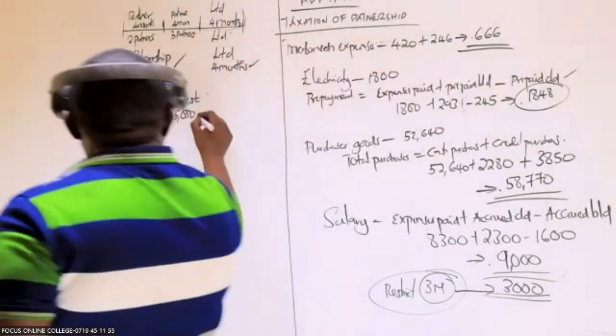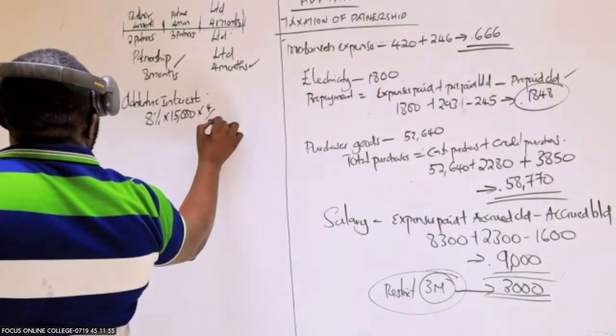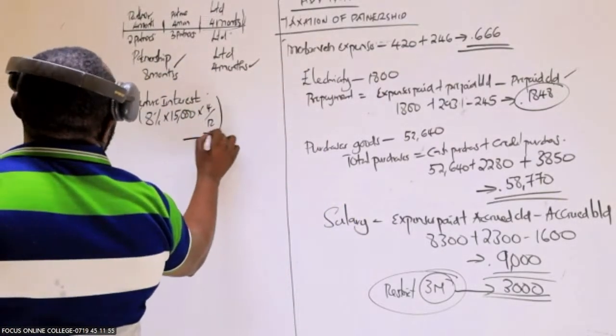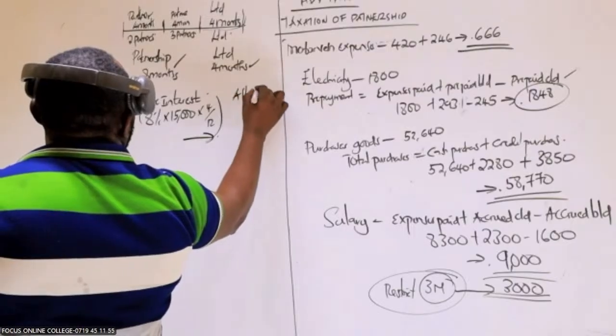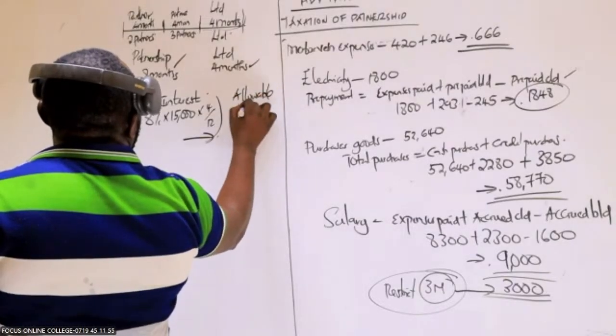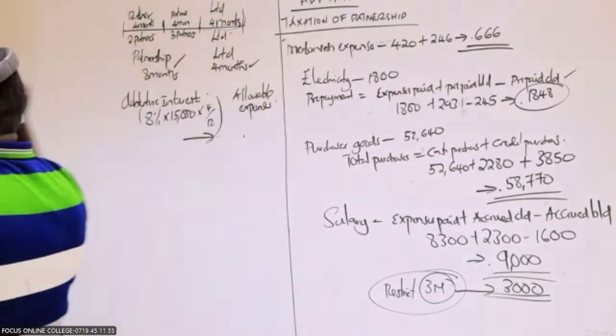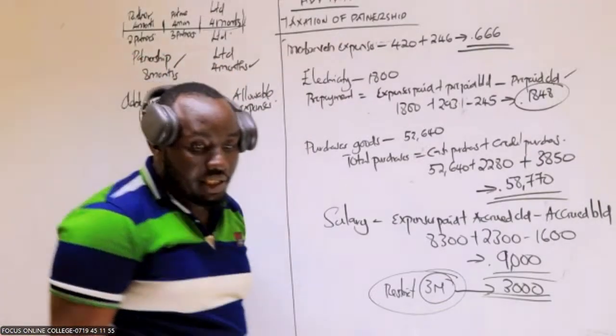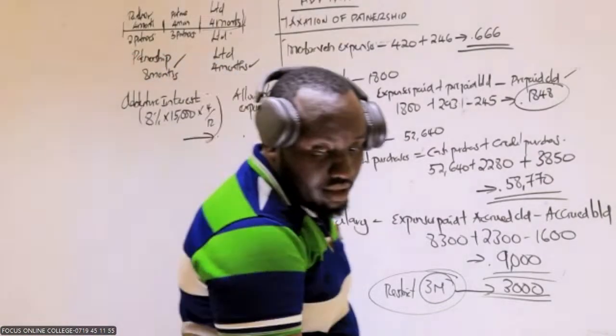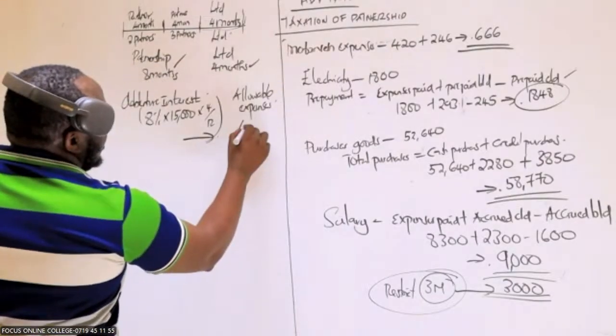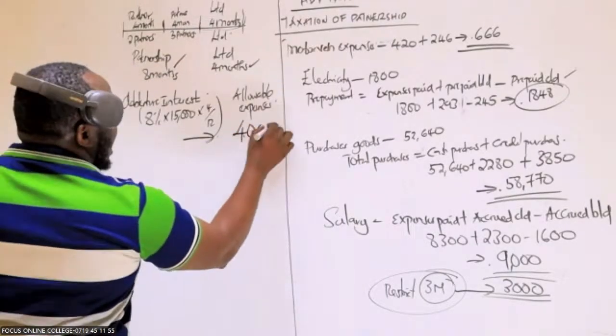That's 4 months, times 4 over 12. So what is the debenture interest, which is the allowable expense? So that is 400.